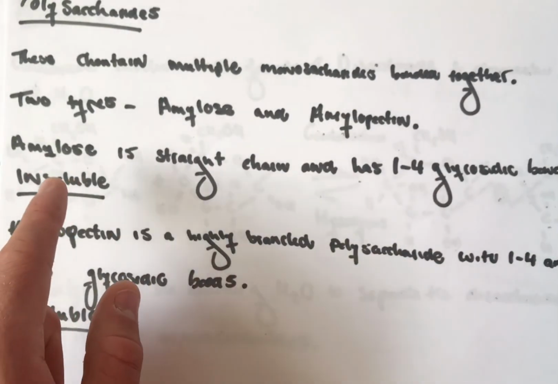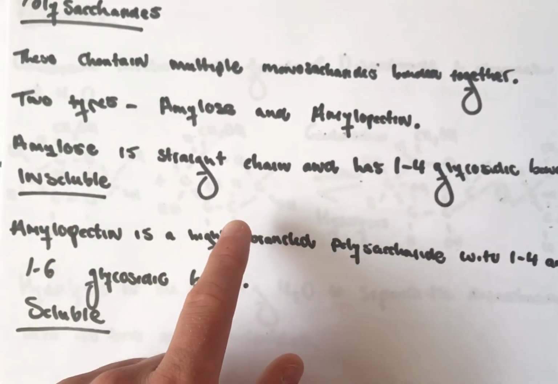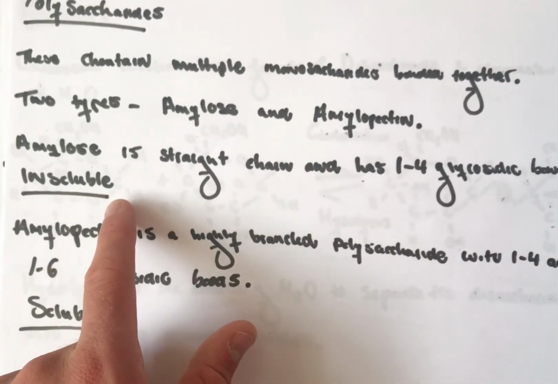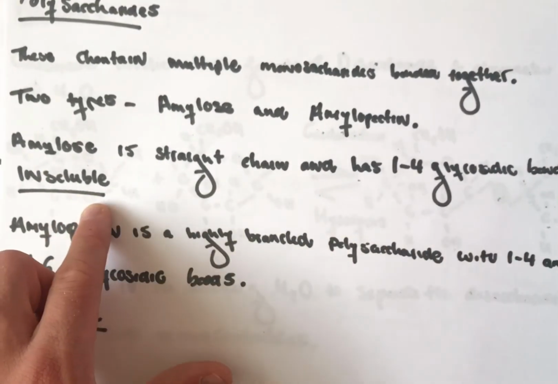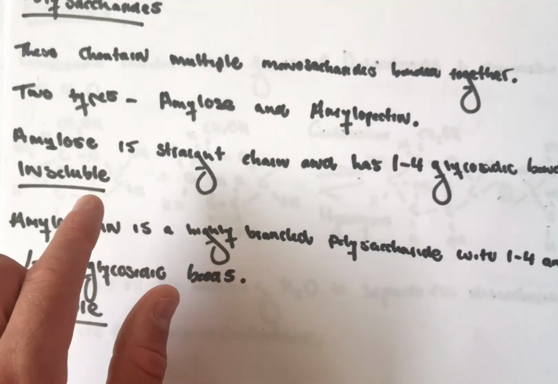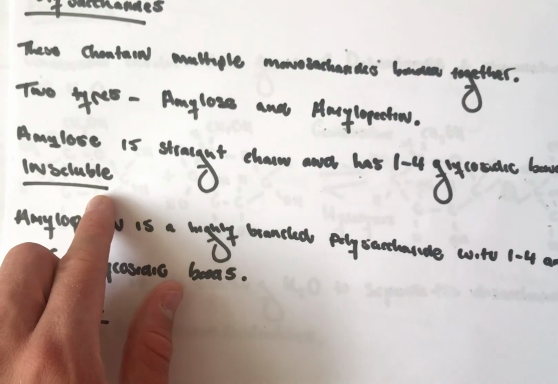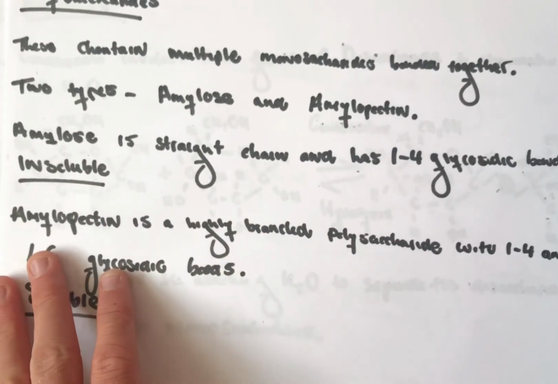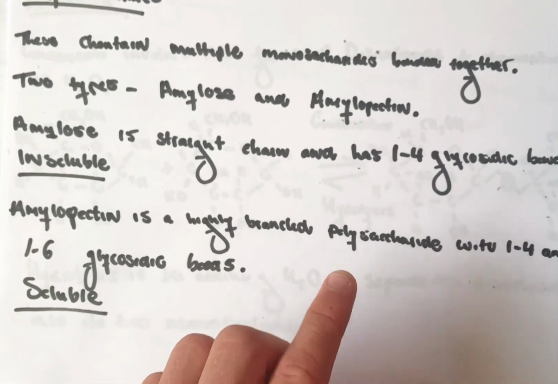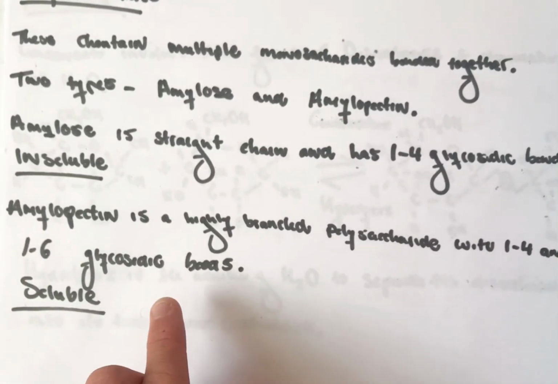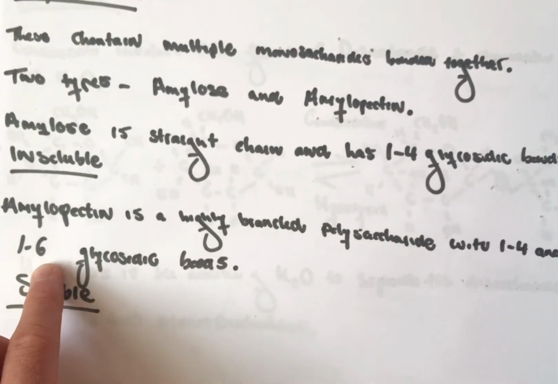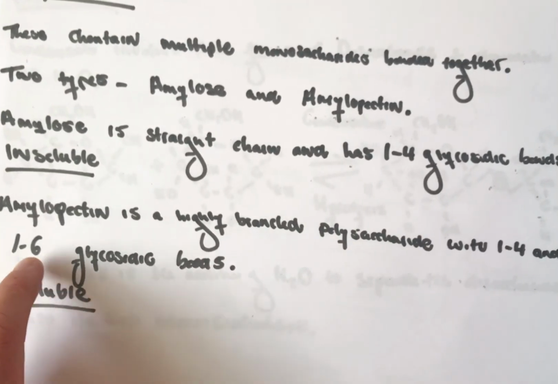Amylose is a straight chain molecule, and it therefore only has 1,4-glycosidic bonds. Remember, it is insoluble and not easily digested, and consists of about 30% starch. Amylopectin, on the other hand, is a highly branched molecule, so it also contains 1,4-glycosidic bonds, but due to the branches, it also contains 1,6-glycosidic bonds.